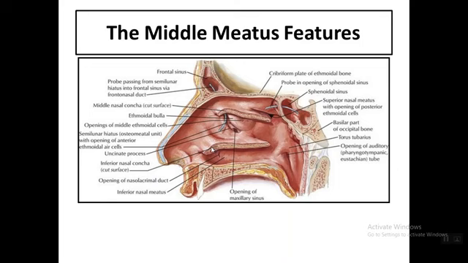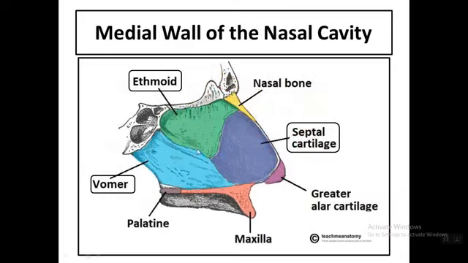And here we are removing the inferior concha, exposing the inferior meatus, which receives the opening of the nasolacrimal duct. The medial wall of the nasal cavity, as we said, is formed by cartilage and bone: the perpendicular or vertical plate of ethmoid completed by the vomer and anteriorly by the septal cartilage.